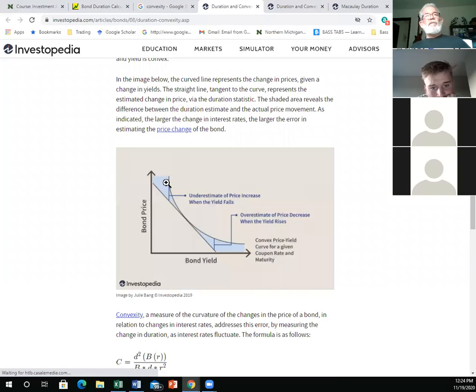So the convexity shows how the duration changes as the interest rates change.